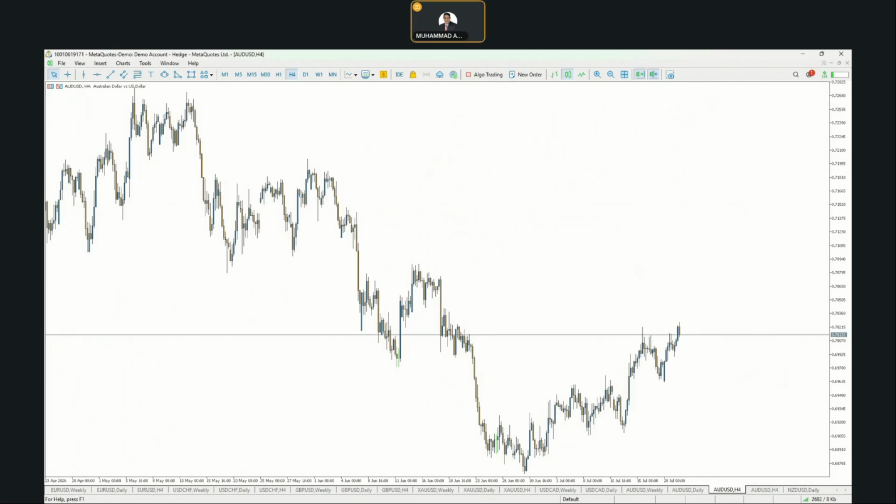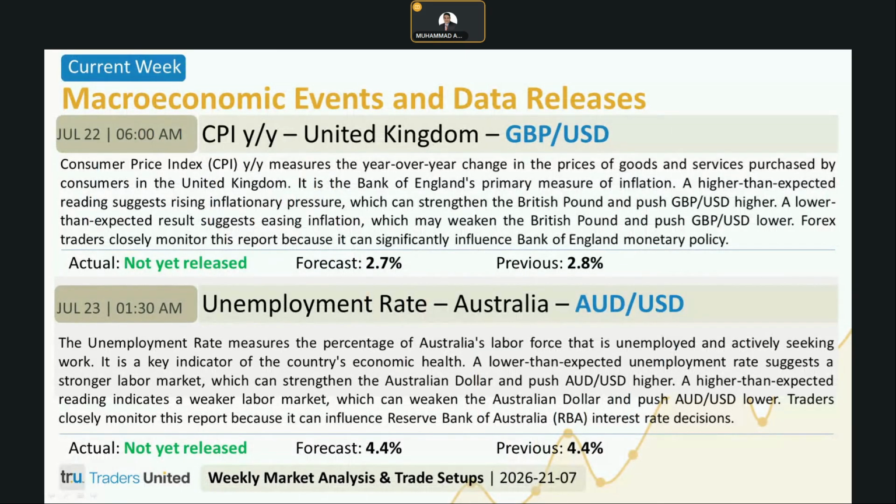The final key takeaway is the AUDUSD traders will closely monitor Australia's unemployment rate report for fresh clues about labor market strength and future Reserve Bank of Australia policy. A lower than expected reading could strengthen the Australian dollar and push AUDUSD higher, while a higher than expected reading could weaken the Australian dollar and send AUDUSD lower.